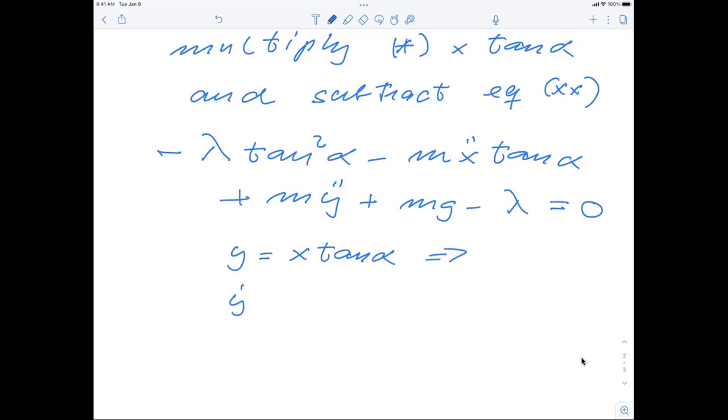So it means that I could now replace the second derivative of y in here with something which is similar to this. So this is actually equal to the second derivative of x times tan alpha. So we're assuming now that this angle is just locked. The angle of the plane we are sliding down doesn't change.